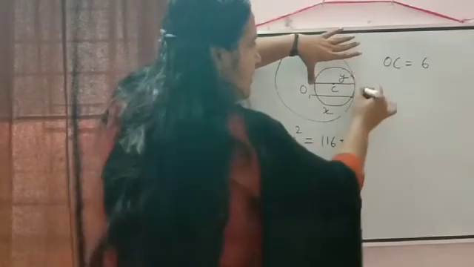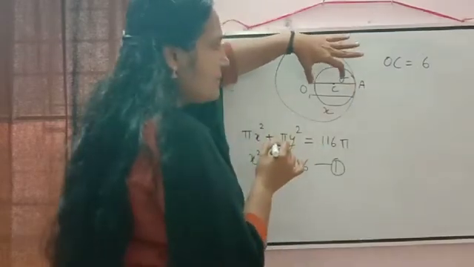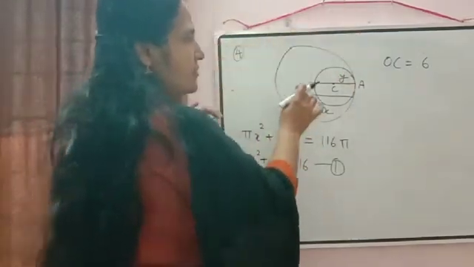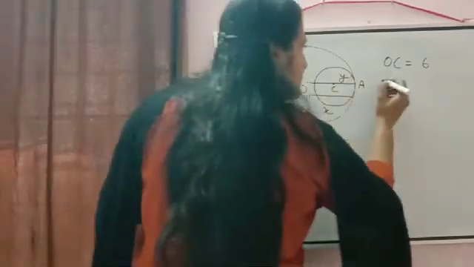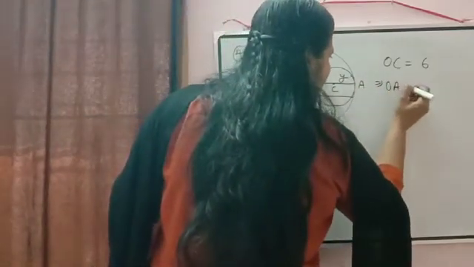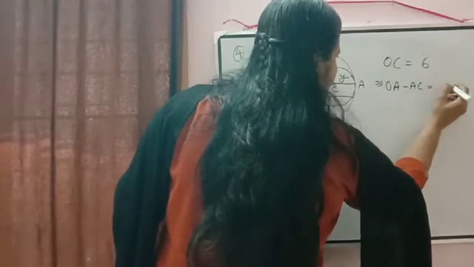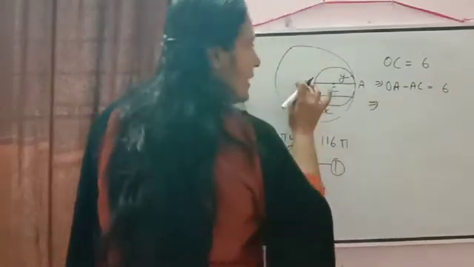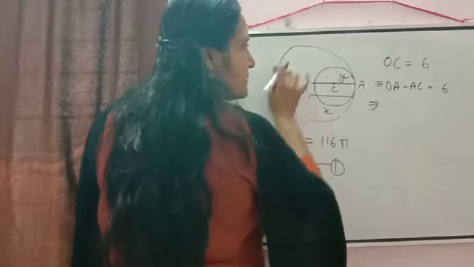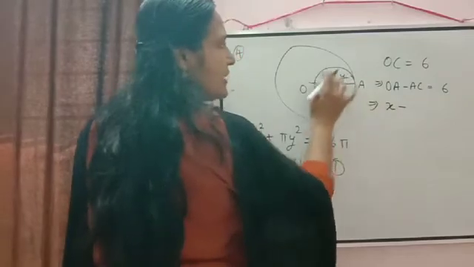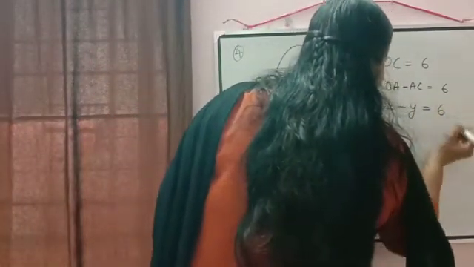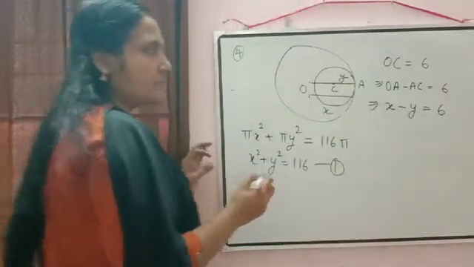Just suppose here if I am writing any point there, OC can be calculated using OA minus AC. Correct? OC can be written as OA minus AC is equal to 6. What is OA? OA is the radius of the bigger circle. So that is equal to x, minus AC is the radius of the smaller circle. So that is y. So it is given x minus y is equal to 6.